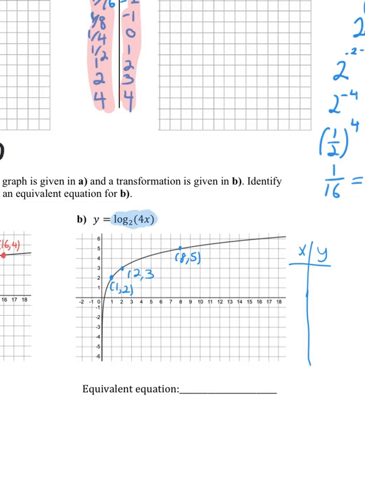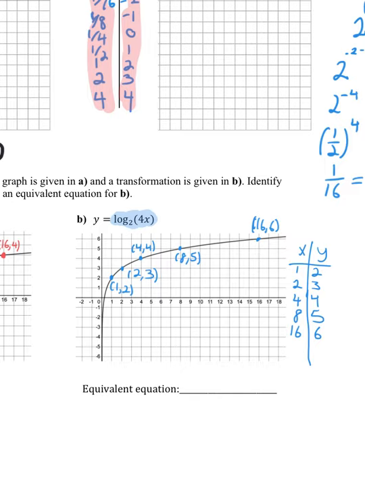Good. 4, 4. Okay. And one more. I got 16, 6. So now let's go ahead and write those ones down. 1, 2, 2, 3, 4, 4, 8, 5, 16, 6.